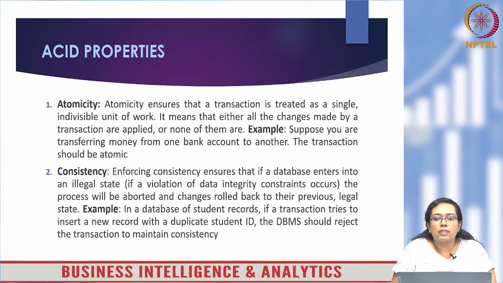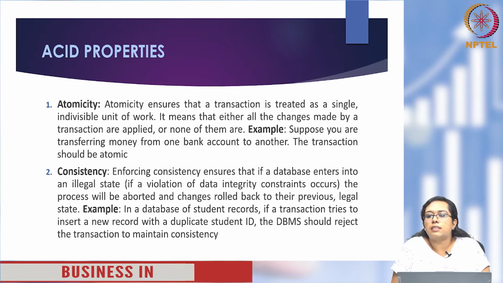The second property is consistency. Enforcing consistency ensures that if a database enters an illegal state, that is, if a violation of a data integrity constraint occurs, then the process will be aborted and the changes will be rolled back to the previous legal state. This ensures that no illegal things are performed.